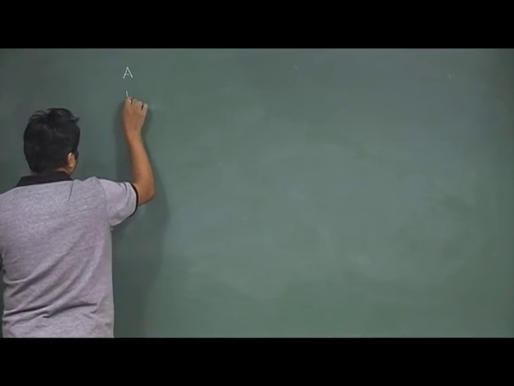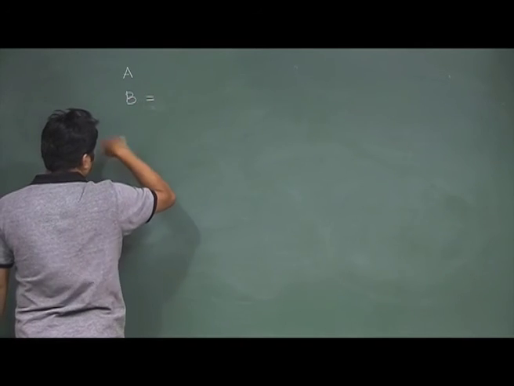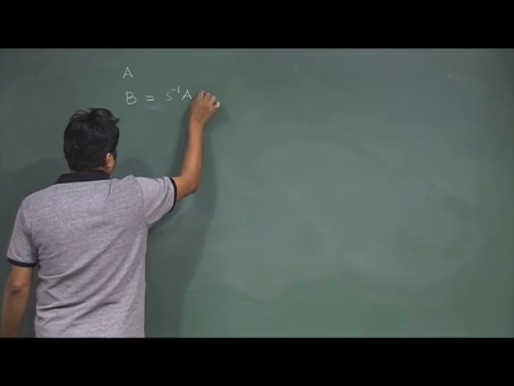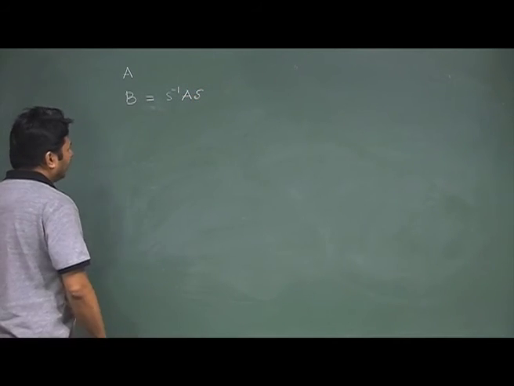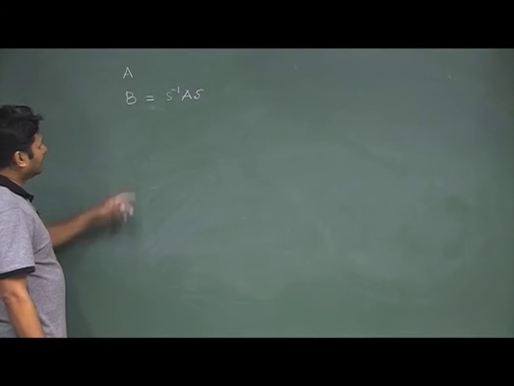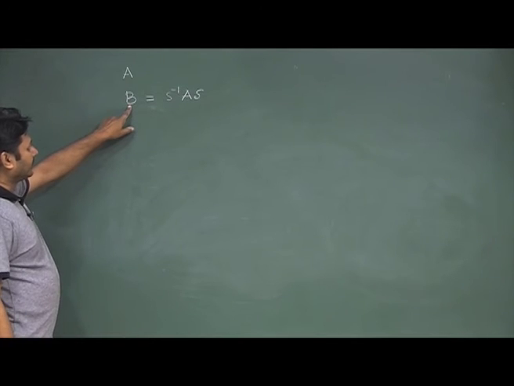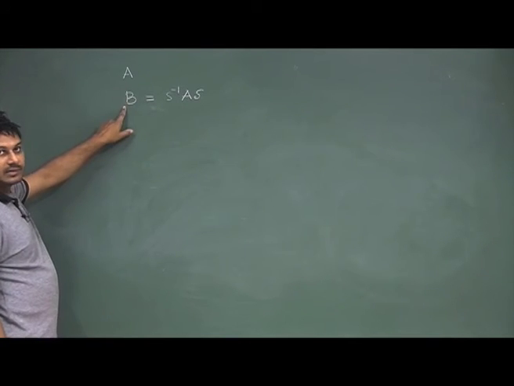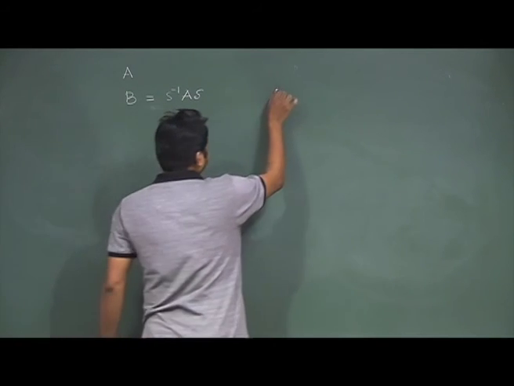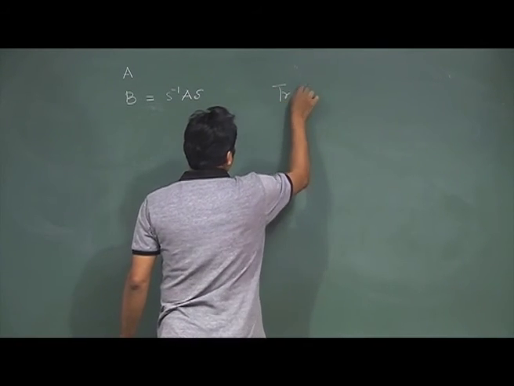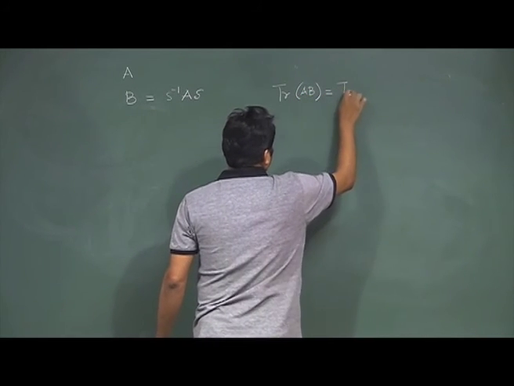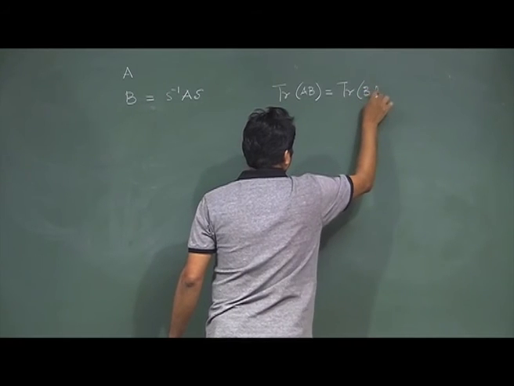So, A is a matrix given, B is given by S inverse A S. Now, I need to find out what is the trace of these things. So, I know trace of AB is equal to trace of BA.